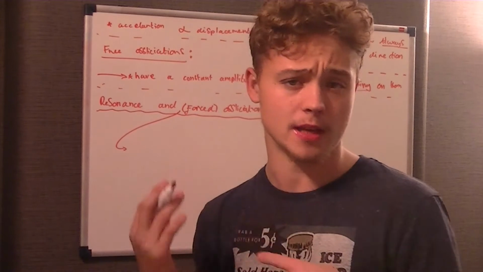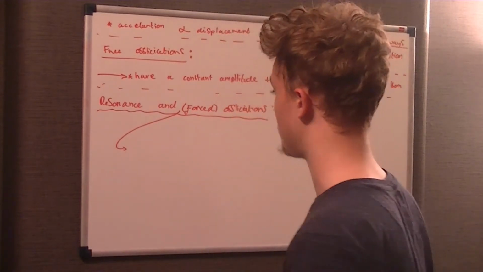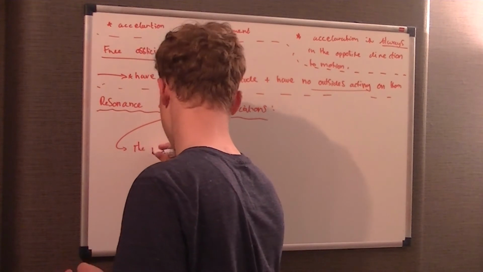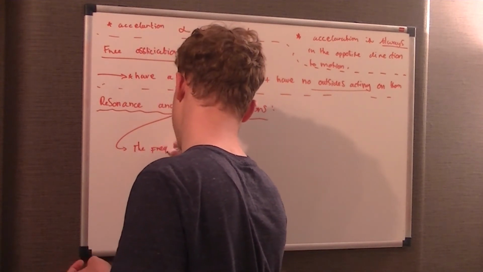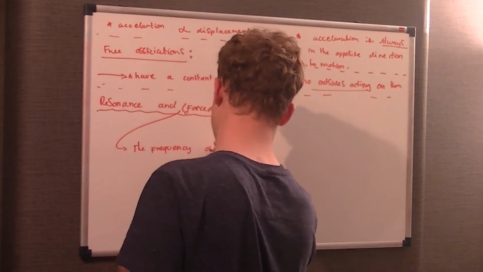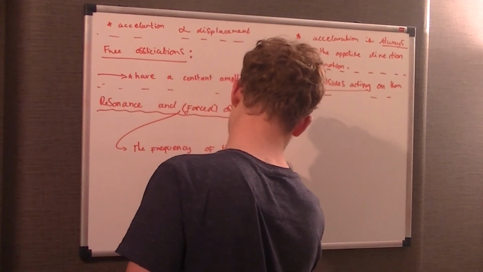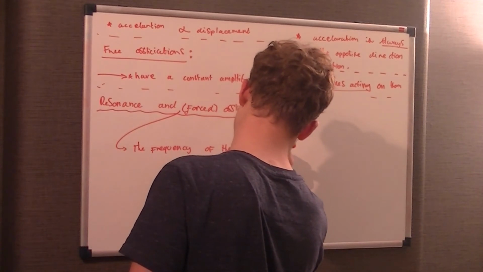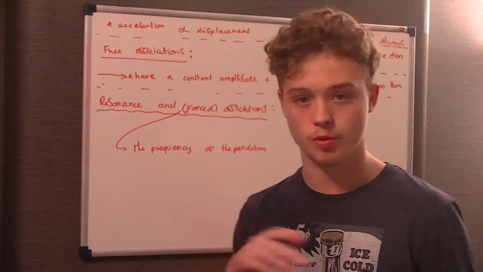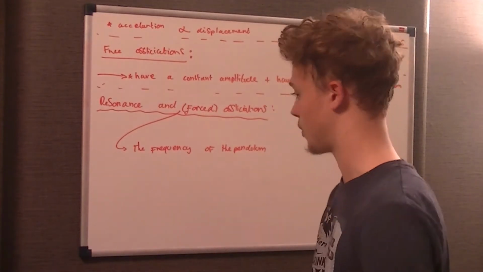Forced oscillations are where the frequency of the object, so again if we go back to our idea of the pendulum, the frequency of the pendulum, which I'm just using as a background theorem so you can work it out in your head.